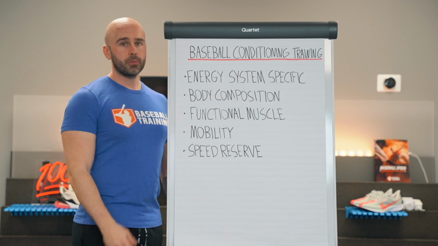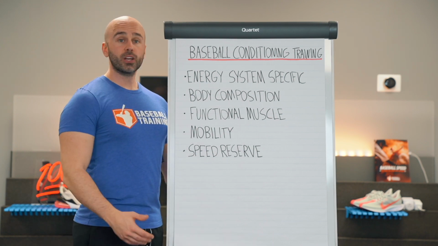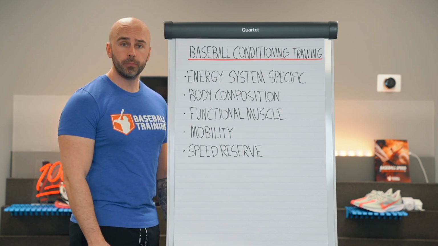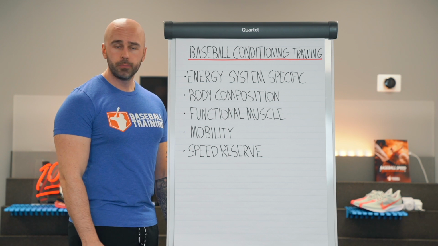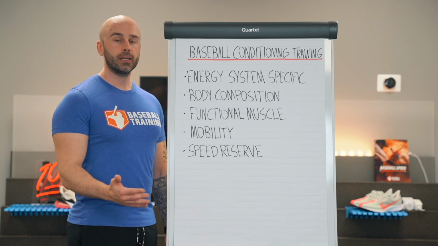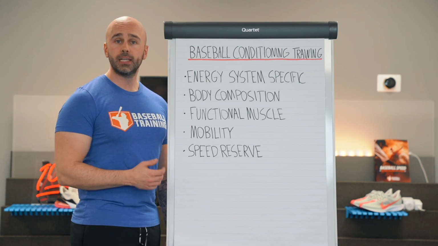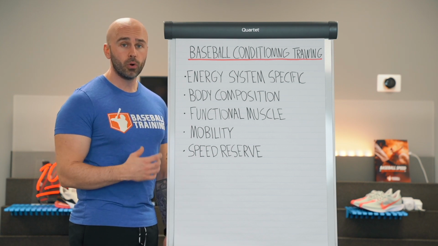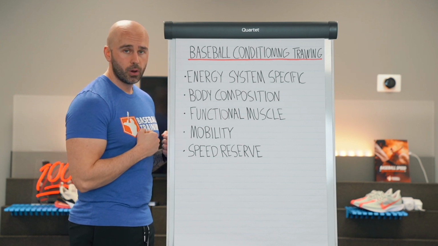Next is body composition. This is something that a lot of people are uncomfortable talking about, but it's just a simple reality that if you want to have optimal conditioning, you've got to be lean. Period. You can't contract body fat like you can contract muscle tissue. Body fat is something that will hold your conditioning back because it's nothing more than carrying a backpack of weight plates around with you all day, right?